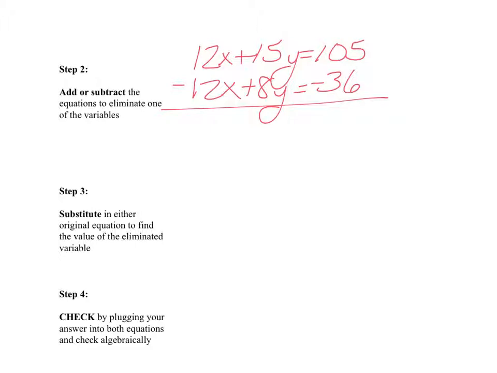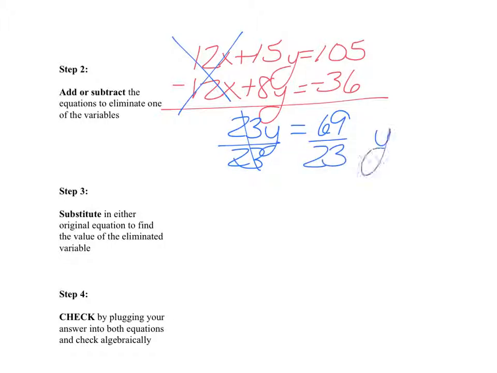And I go ahead and I add them together. The x's cancel out, and I end up with 23y equaling 69. Divide both sides by 23, and I get y equals 3. Plug back into one of the original equations.